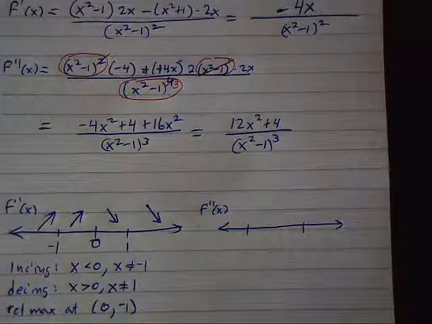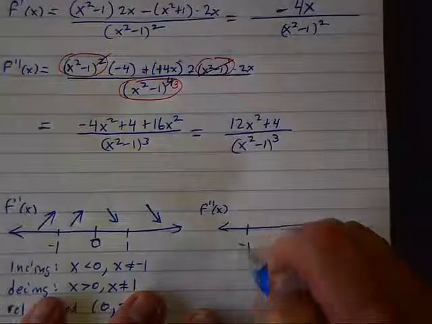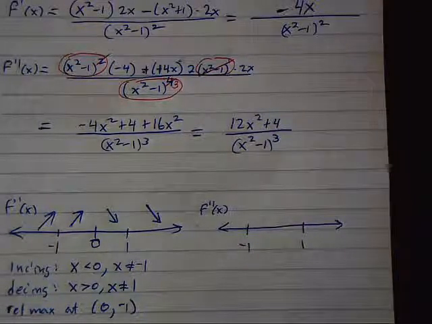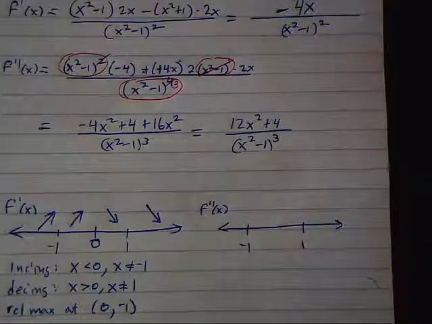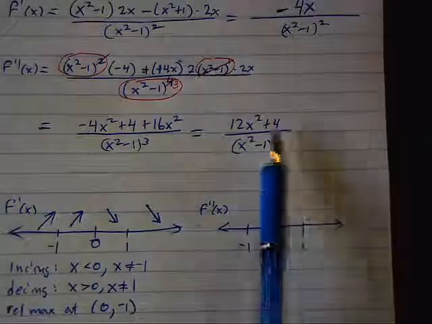What numbers make the second derivative undefined? 1 and negative 1. What numbers make the second derivative 0? A third, no. Zero does not give me 0 on top. If I plug 0 in, I get 4 on top.